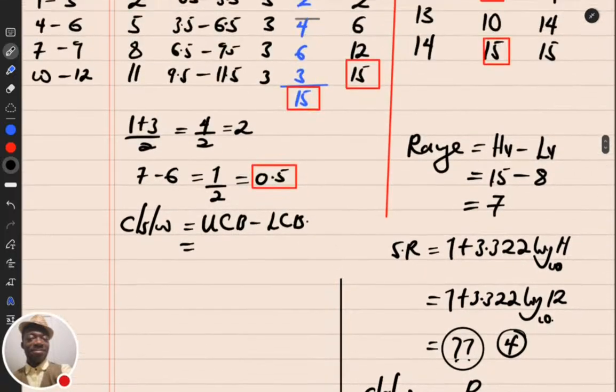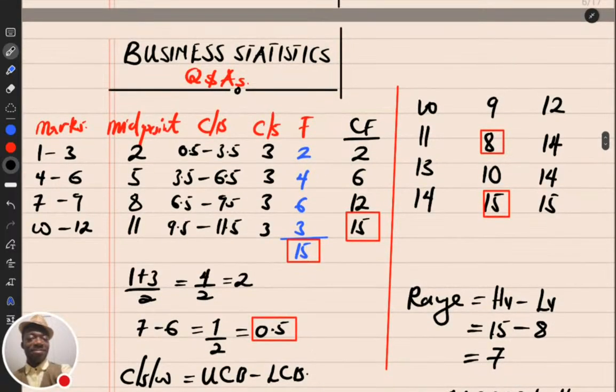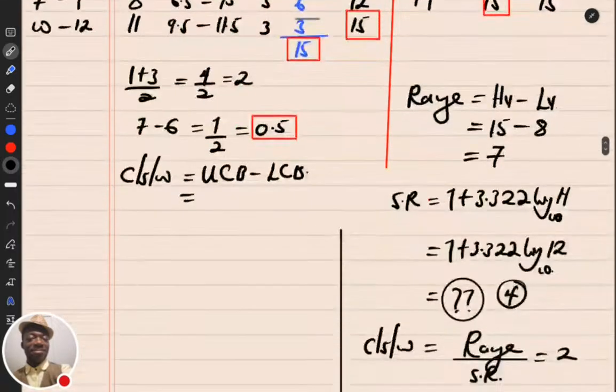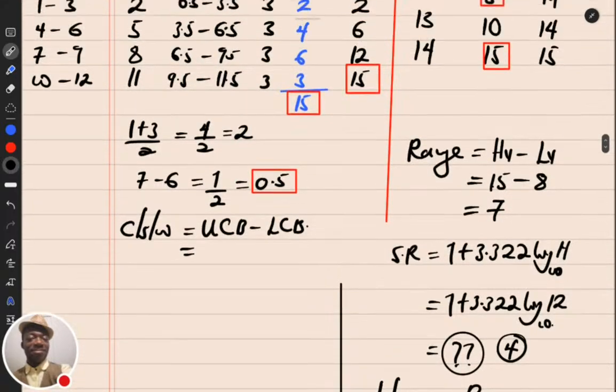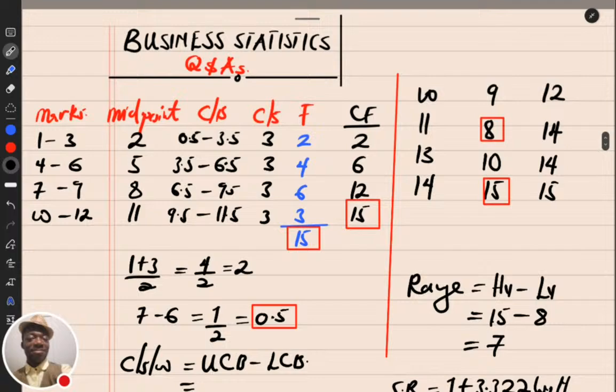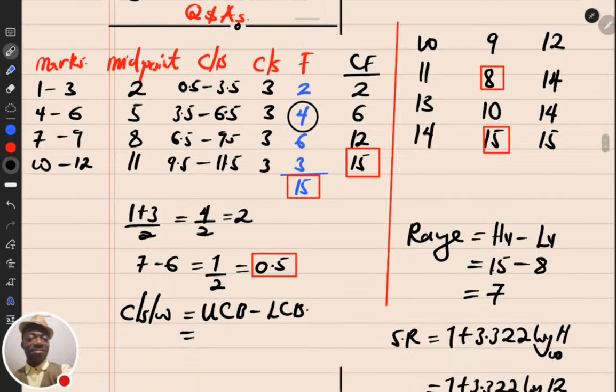And then also how you calculate what we call percentage frequency. For instance, let's say I'm asked to calculate the percentage frequency of 4, which is in the second class interval. So how do I get that?